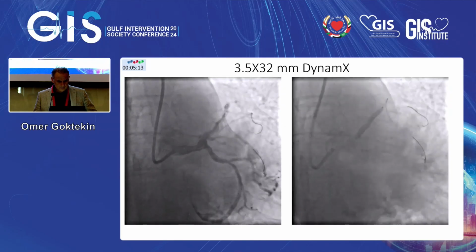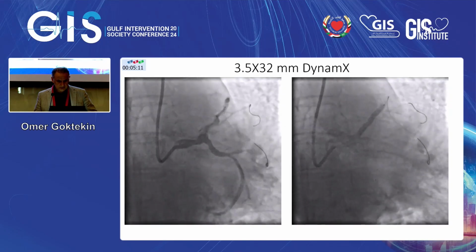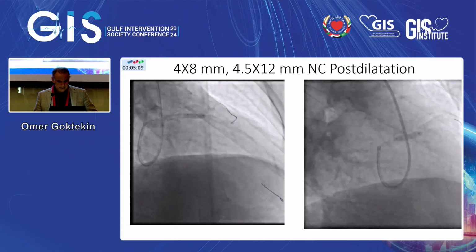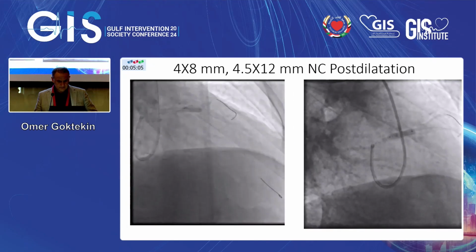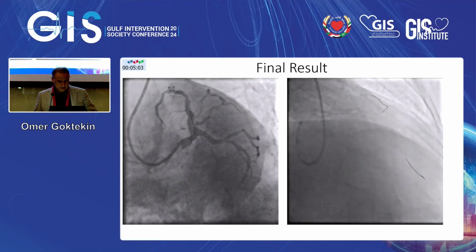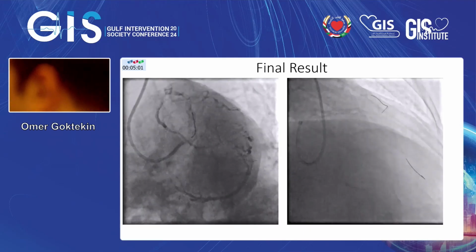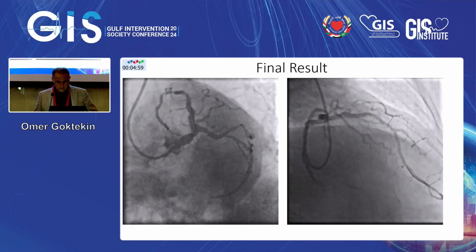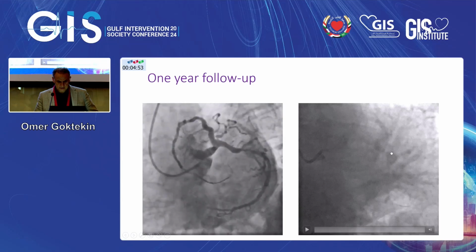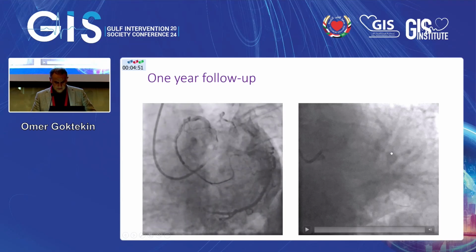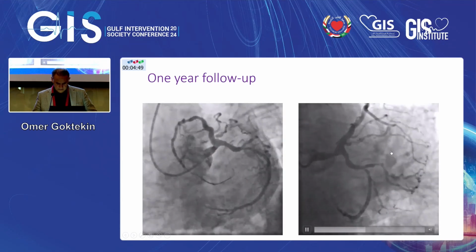And then we implanted 3.5 by 30. And we did, again, post-dilatation with 4.0 and 4.5 proximal. This is the final result. And we have, I think, a good result here at 1 year. Even better result after restoring the vessel.